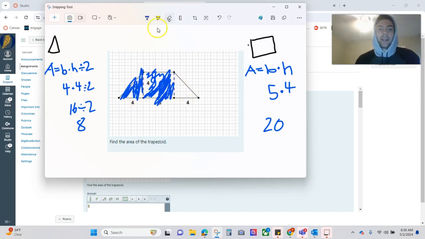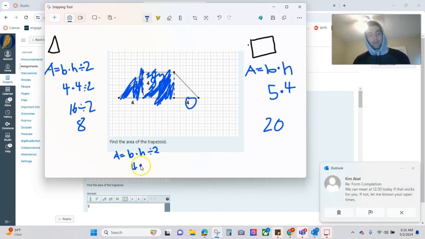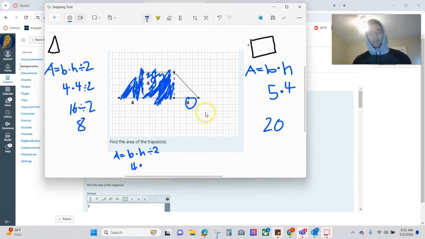Now let's take a look at this triangle. Remember again, the area of a triangle is base times height divided by 2. The base is 4. You see that? But what's the height? Can't see the height. Is the height 4 still? I mean, it kind of looks like it.